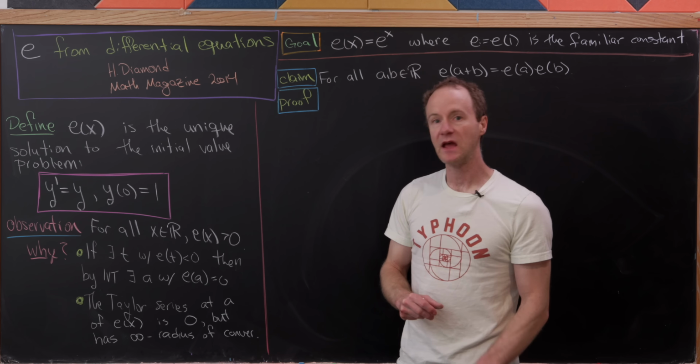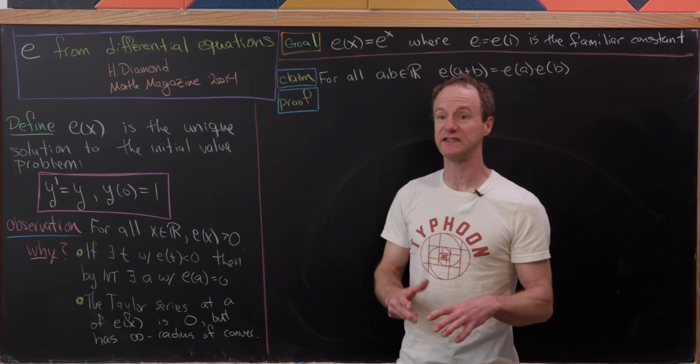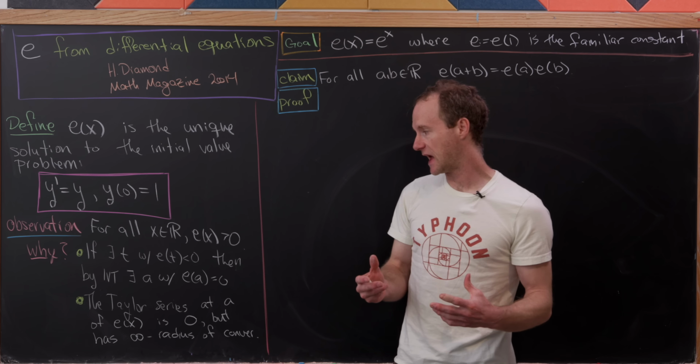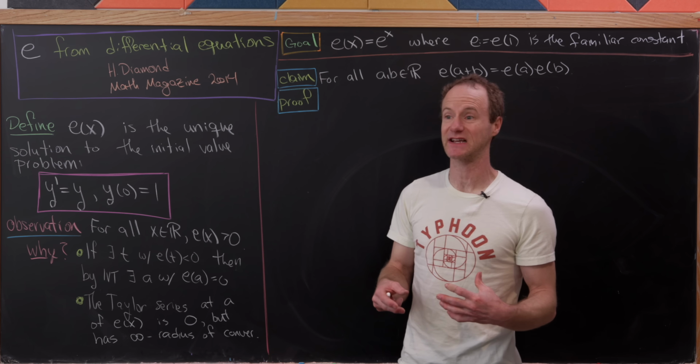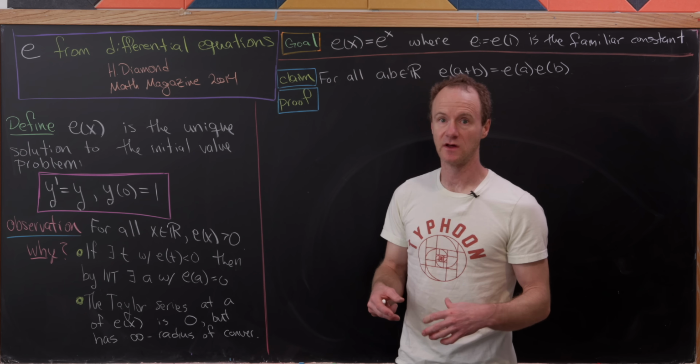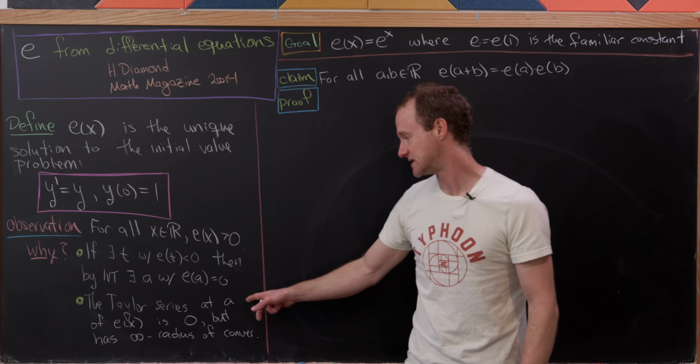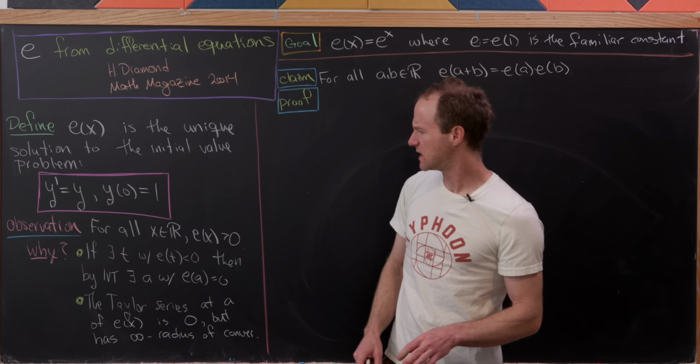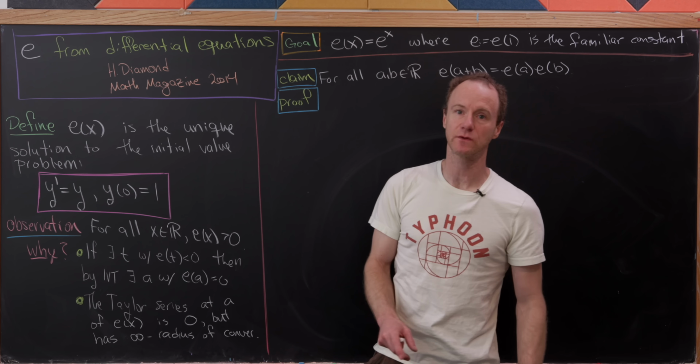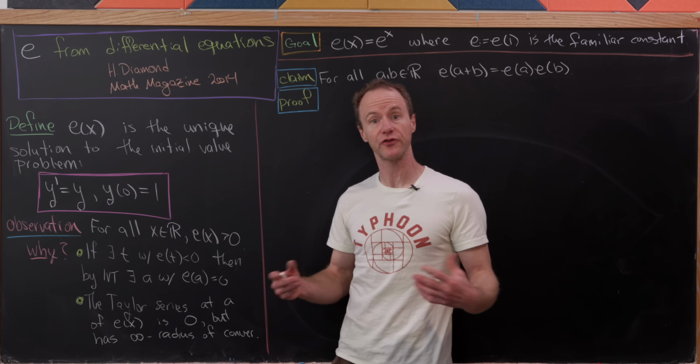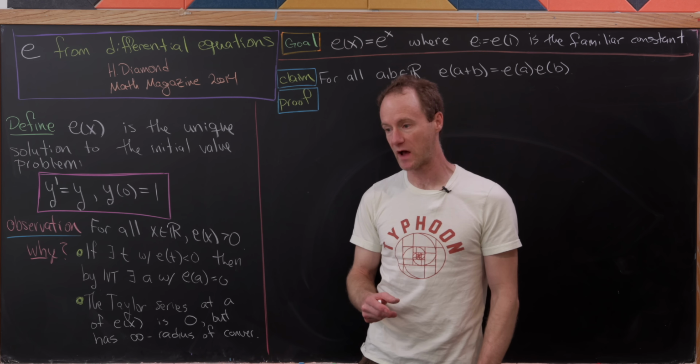Now, if it's never negative, but it's equal to 0 somewhere, well, then we can really cut out this step. And then what we'll do is take the 0 of the function and do a Taylor series expansion of the function at that 0. But since the function is always equal to its derivative, that means all derivatives are equal to 0 there as well.